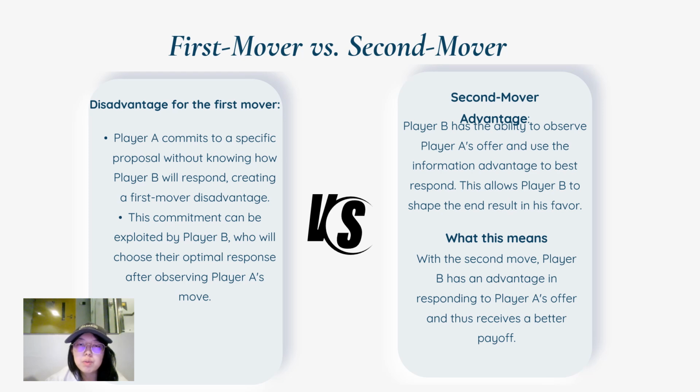They can observe player A's move and strategically choose the best response to maximize their own payoff. This second mover advantage allows player B to shape the outcome in their favor, often securing better results. Waiting and responding strategically proves more effective than acting first.